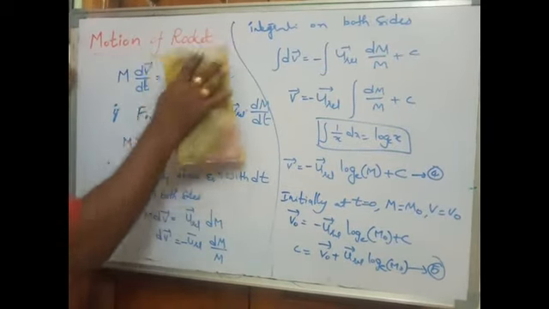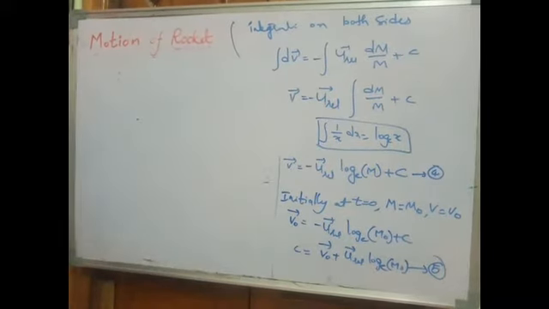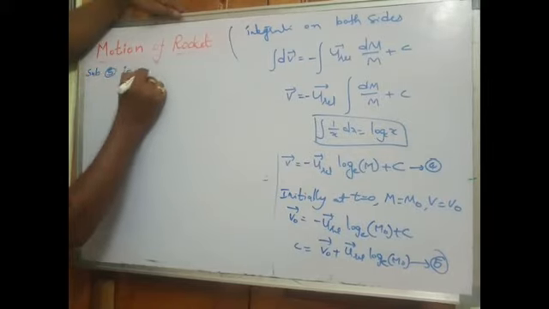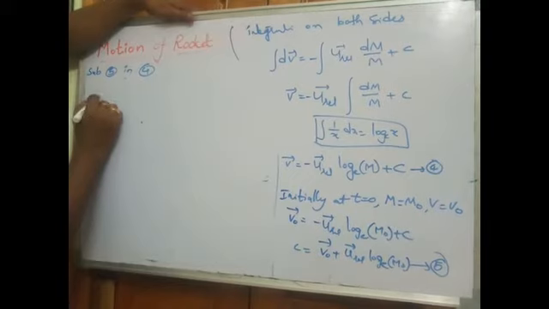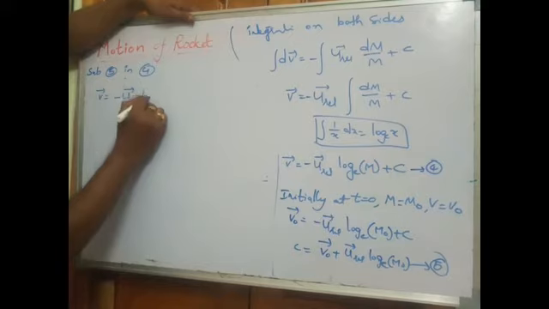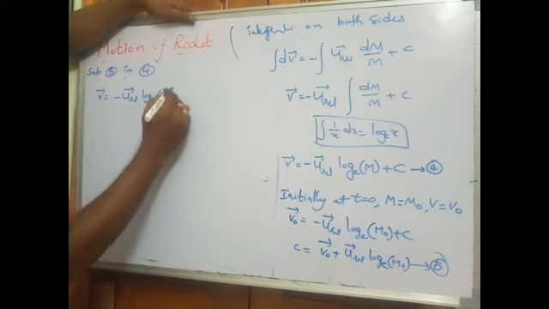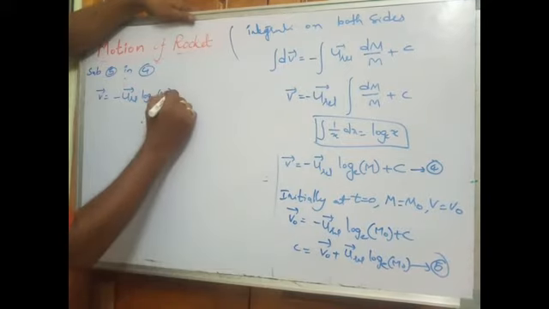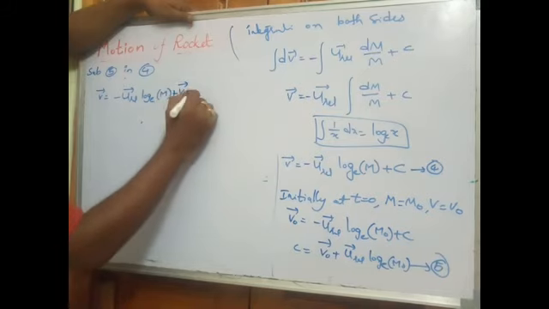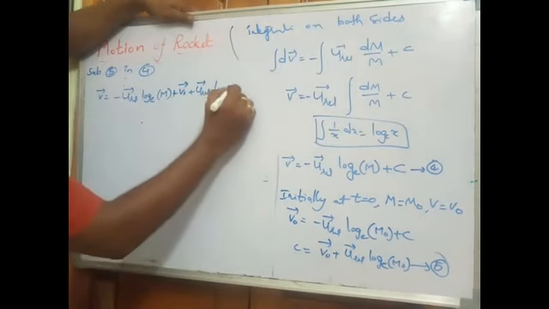Now substitute 5 in 4. We get v bar equal to minus relative velocity into log e m, plus, instead of c, v naught bar plus u relative velocity into log e m naught.